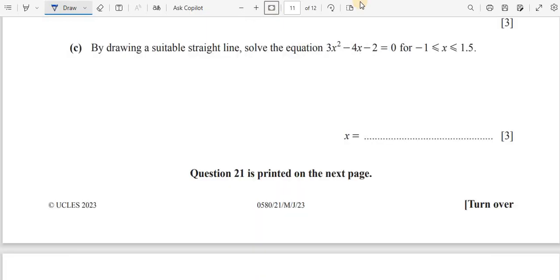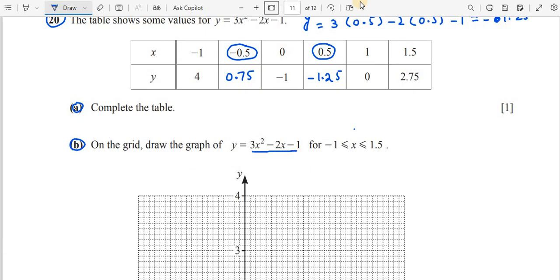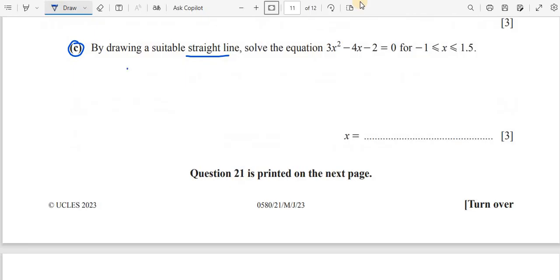Part C. By drawing a suitable straight line, solve the equation. The first equation is this one, and the second equation is also given above. This is our first equation: y is equal to 3x square minus 4x minus 1.